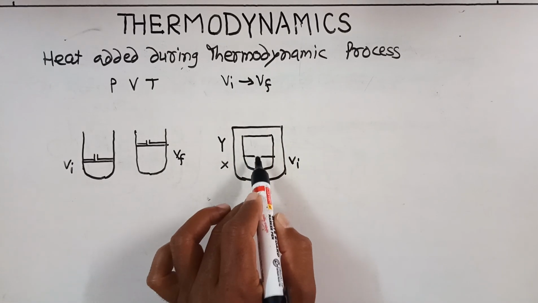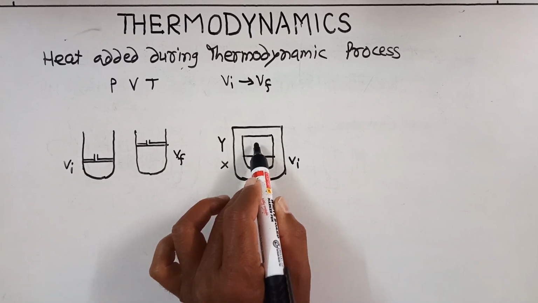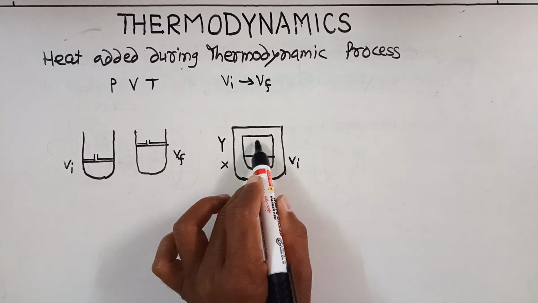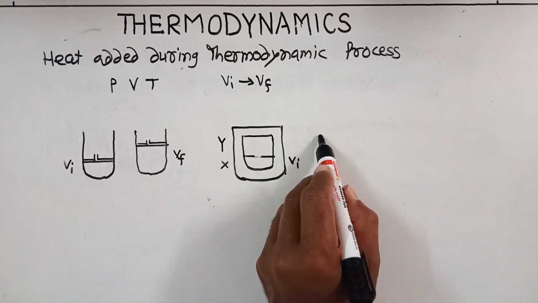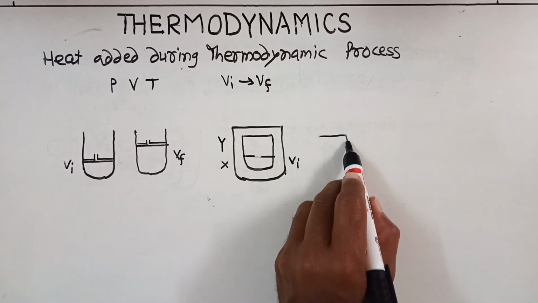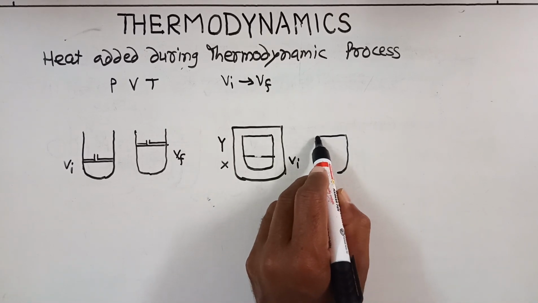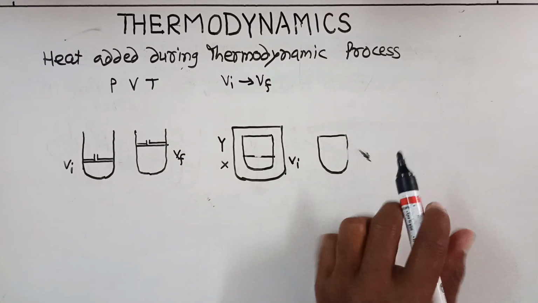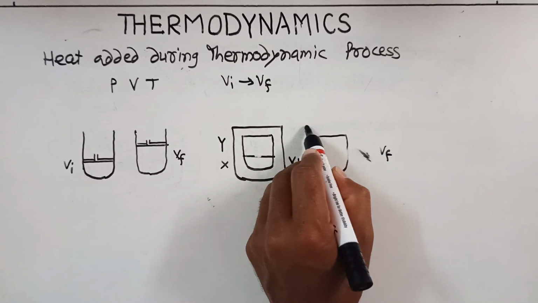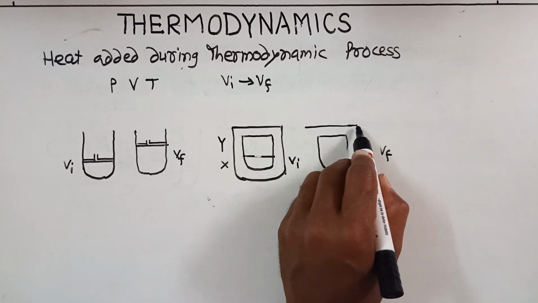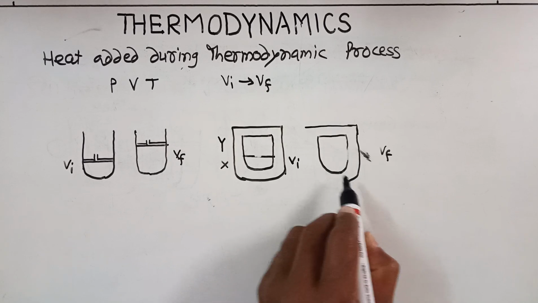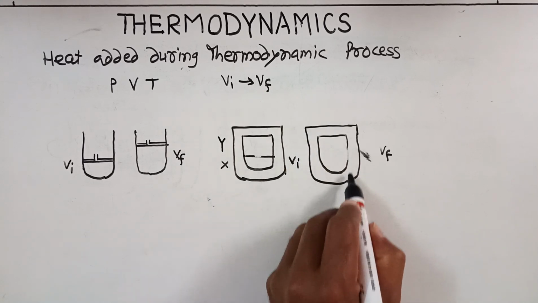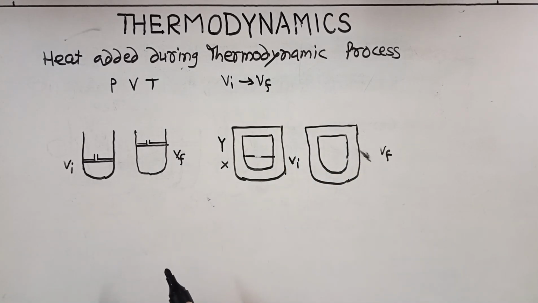When it is broken, the gas suddenly expands and enters the empty portion. It occupies all the volume, so the final volume is the same as in the previous case. This is the final volume Vf, and as it is surrounded by the insulating material, heat is not allowed to exchange with the surroundings.